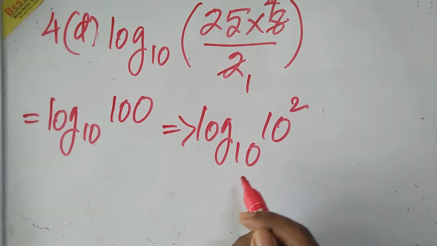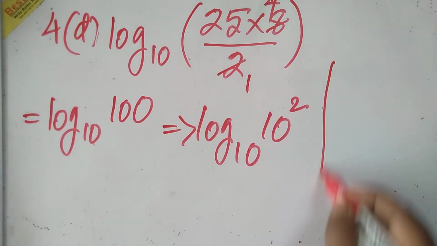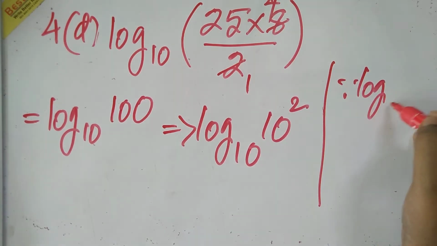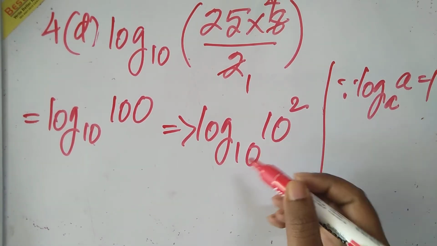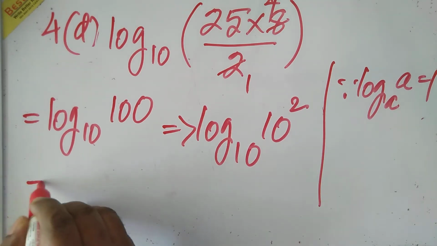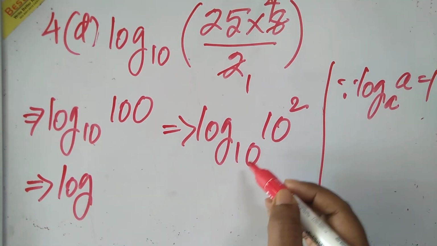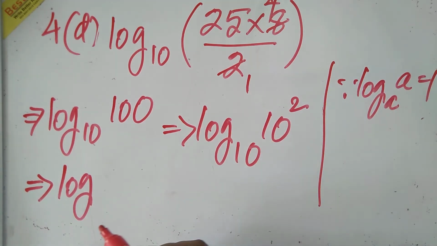right? Log 10 square. Now you remember a special case that I have been explaining to you. That special case is if log, base and the number are the same, then we write it as 1. Here you see that the numbers are same, right? 10 and 10. So here we can write it as log 10 and 10, a and a, the value is the same, so we will write it as 1.